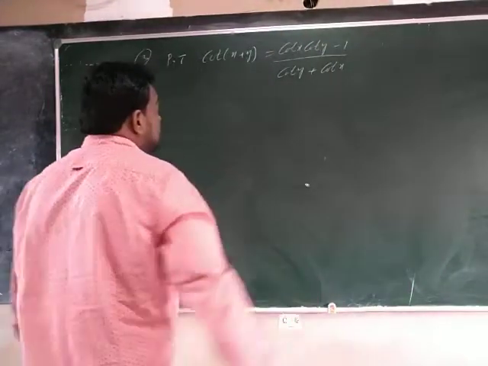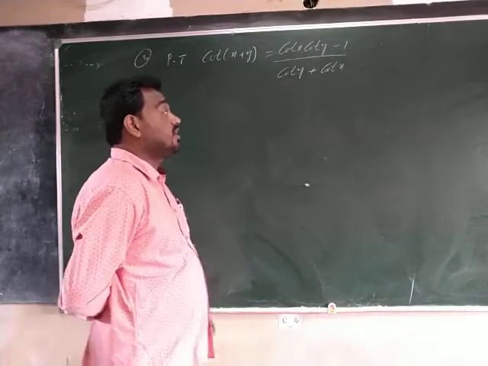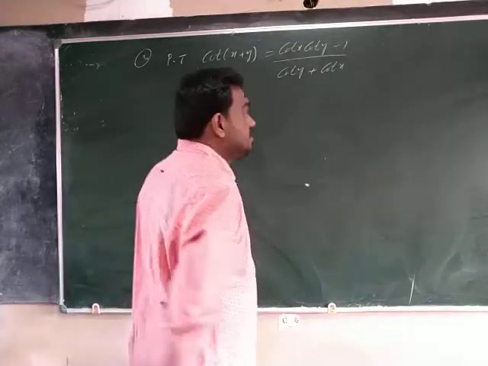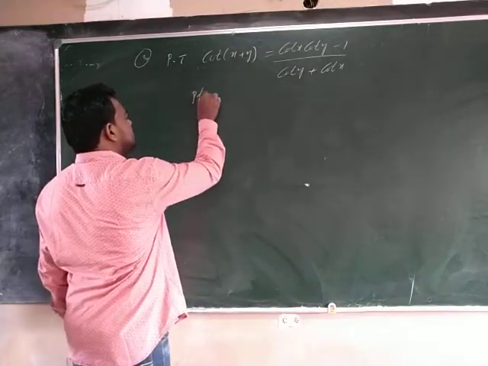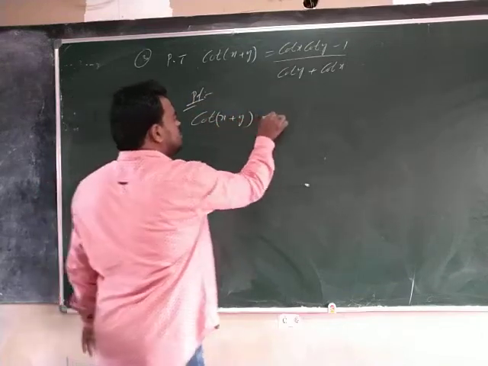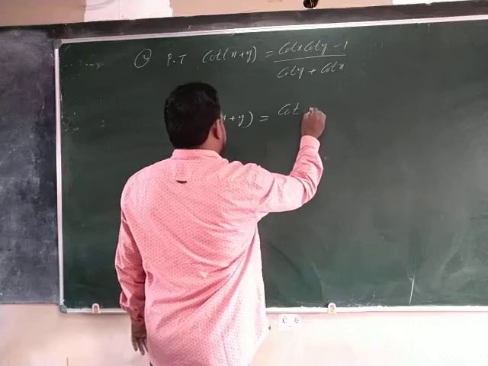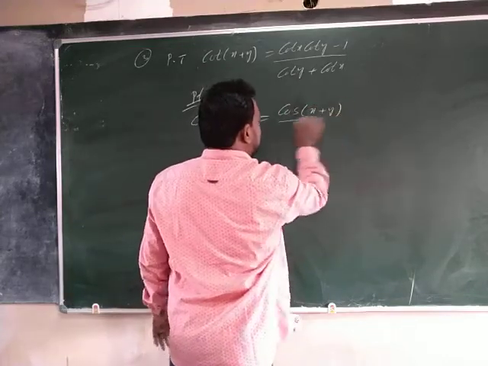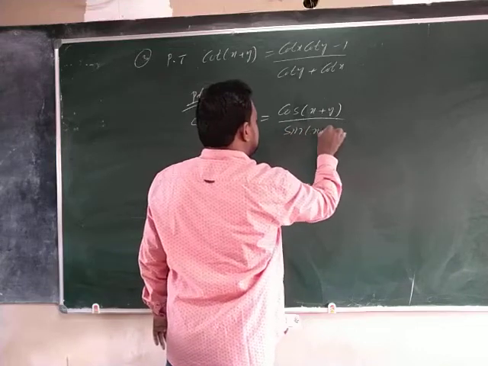Next, the third one. Prove that cot of x plus y equals cot x cot y minus 1 by cot y plus cot x. Proof, you see, very simple problems. Cot of x plus y: cot theta is cos theta by sin theta, so cos of x plus y by sin of x plus y.